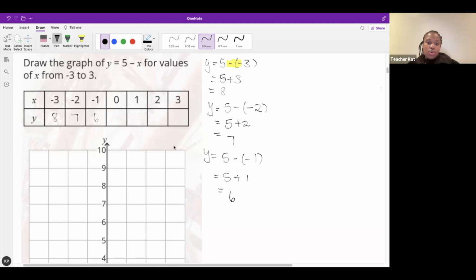So we don't have to go through all of this. What will be my output for 0? 5. And my output for 1? 4. Output for 2? 3. And output for 3? It's 2.